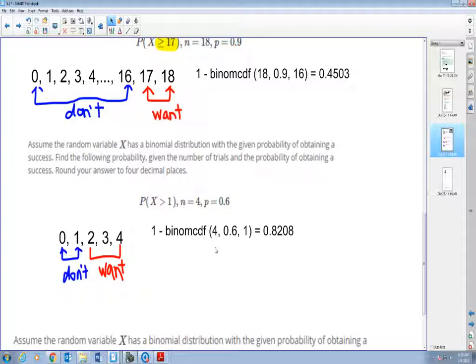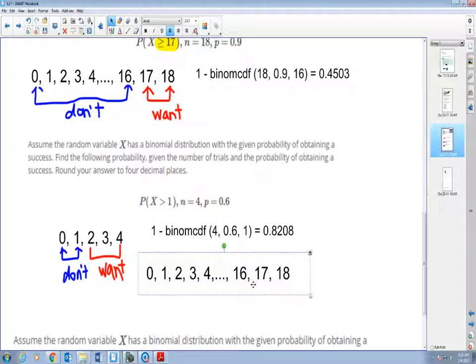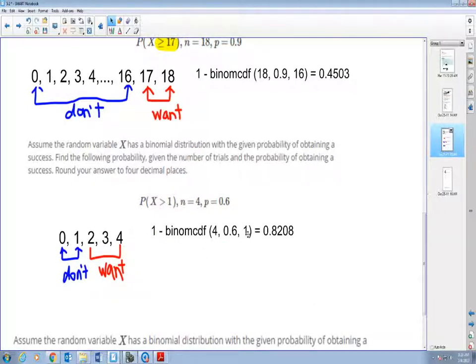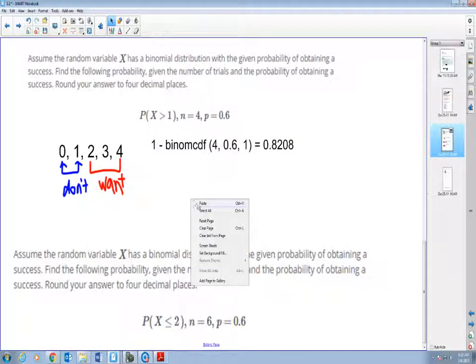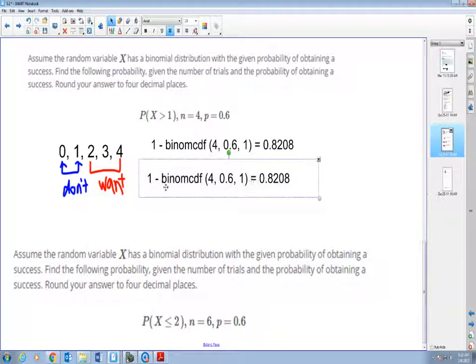So what I can do here is find exactly what I wanted, which is 2, 3, or 4, and then add them up by using PDF. That's what I'm going to do. I'm going to show you how to do this, which you will notice is actually not as good of a method, but it still gives you the right answer.